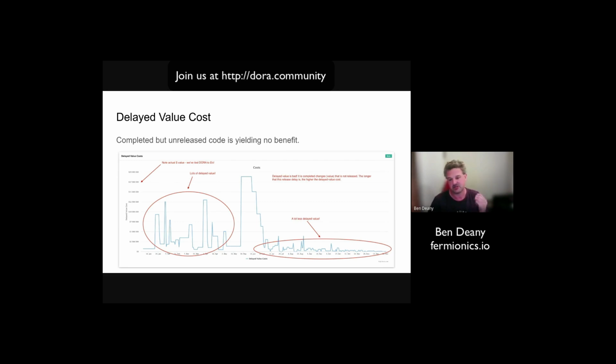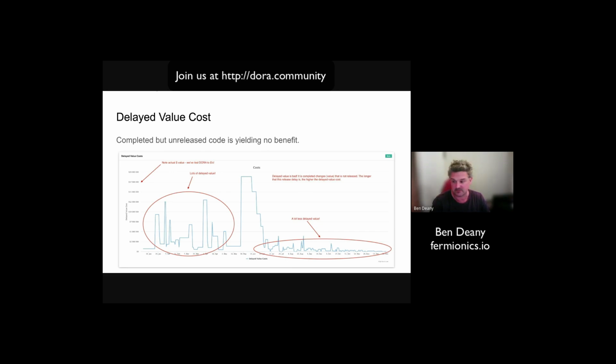And then, as you can see on the right-hand side, we get a lot less delay. And we express this on the y-axis as delayed value cost, where effectively we proxy, we sort of assign a value to a release or the cost of running a team, and that's how we determine what the delayed value cost would be. And as you can see on the right-hand side, it's much lower.